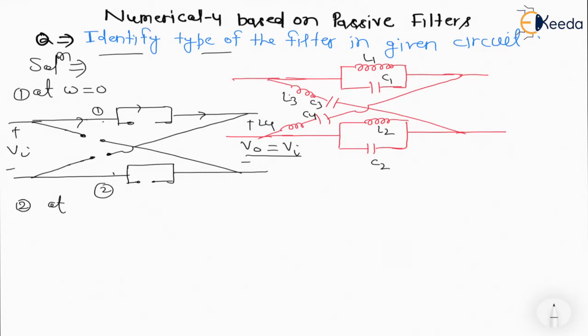Second is at omega is equal to infinity. We know the rules: the inductor will be represented as an open circuit and the capacitor will be a short circuit. Same for the second branch.